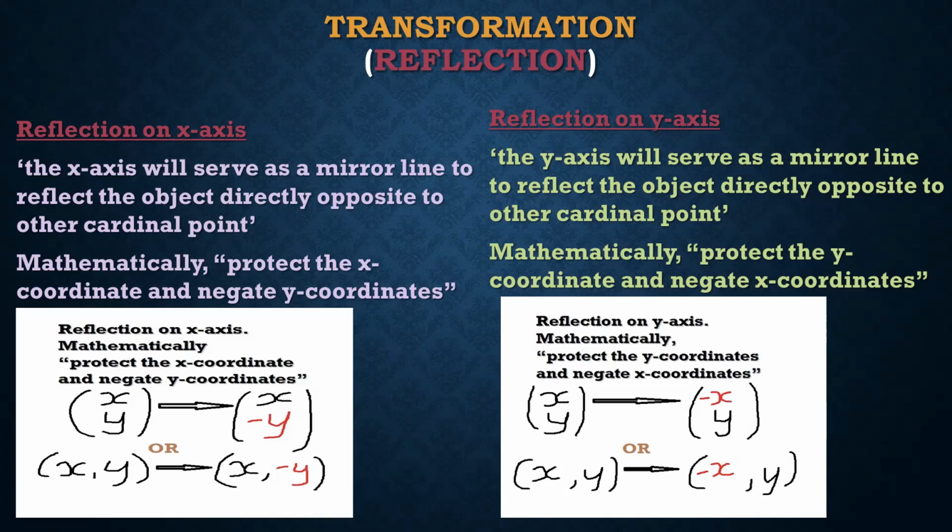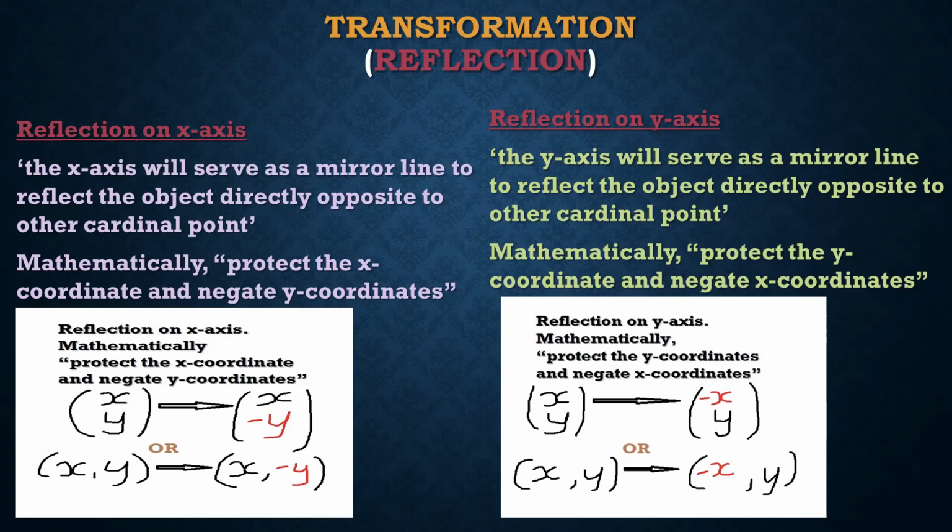So mathematically, when you say reflection on the x-axis, simply put: protect the x coordinate and negate the y coordinate. Put this in your mind. Whenever there's a reflection on the x-axis, it means protect the x coordinate and negate the y coordinate.